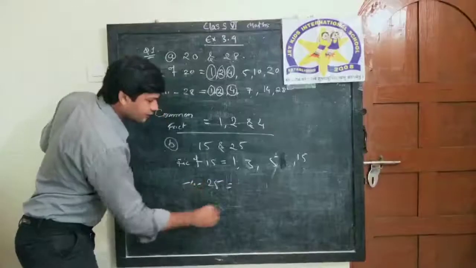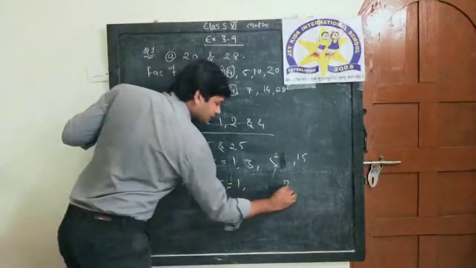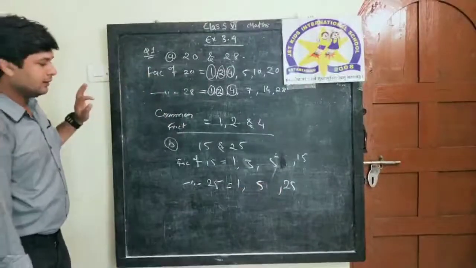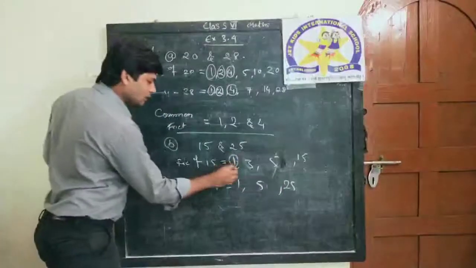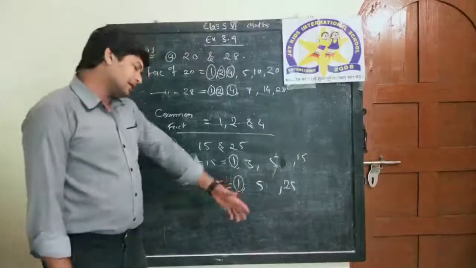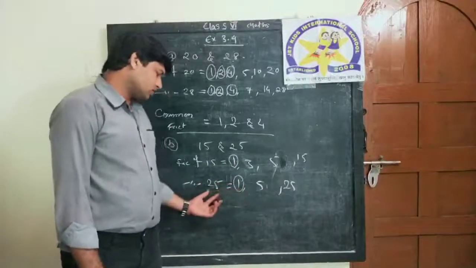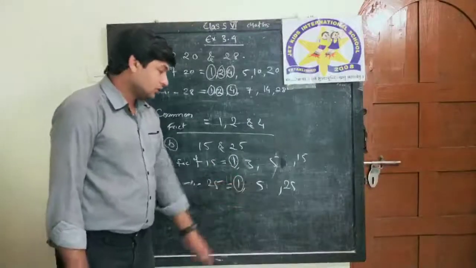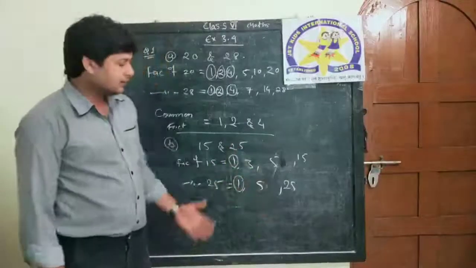Then factors of 25 are 1 multiplied by 25, then 5 multiplied by 5. That's it. It cannot be divided by 3, it cannot be divided by 4, not by 6, not by 7, not by 8, not by 9, not by 10.